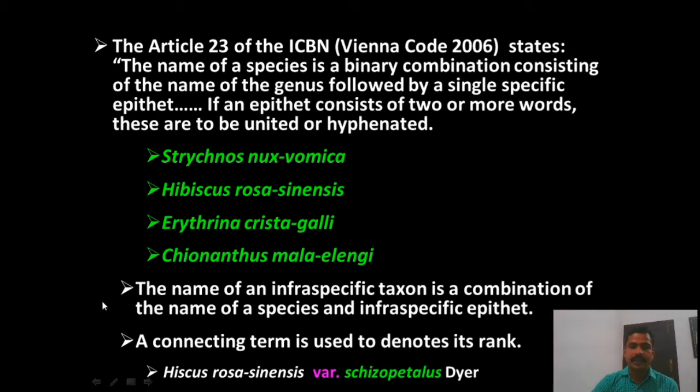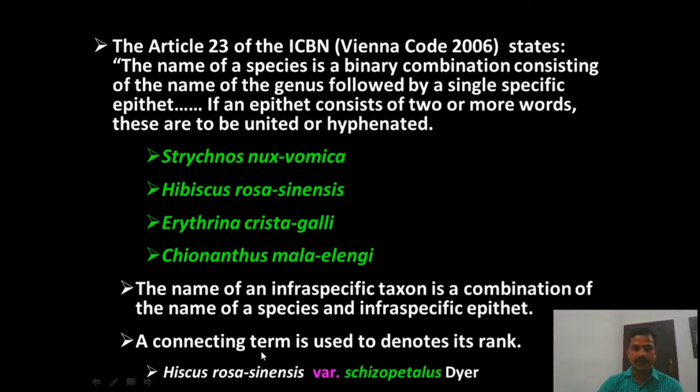Then the name of an infraspecific taxon, that is a taxon below the level of species, is a combination of the name of a species and its infraspecific epithet. For example, Hibiscus rosa-sinensis var. schizopetalus.